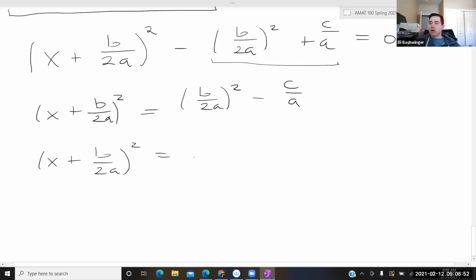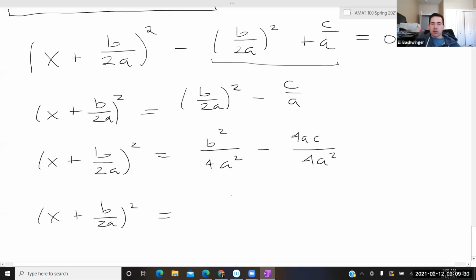And then you can combine these, or let me just do the common denominator actually. So this is 4a squared. To get a common denominator, I multiply the top and bottom by 4a. So I get 4ac over 4a squared. And then I can combine these.